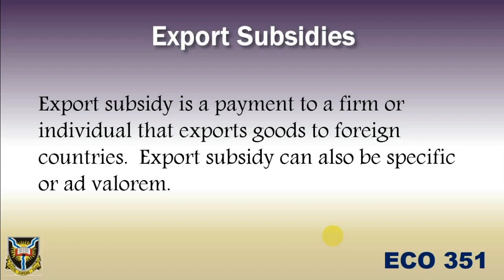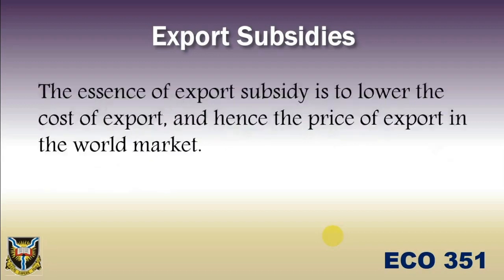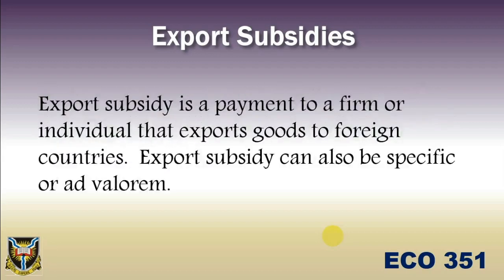Following this assertion, we can compute the net effect of tariff on welfare as follows: producer gain plus government revenue equals consumer loss. That is, (A plus C plus E) minus (A plus B plus C plus D), all in bracket, equals E minus (B plus D).